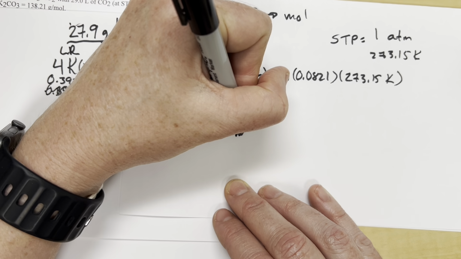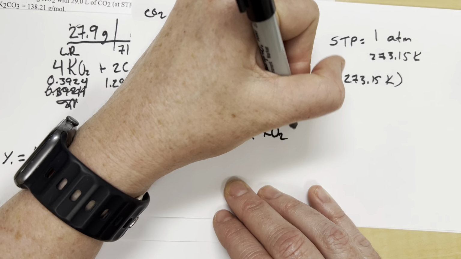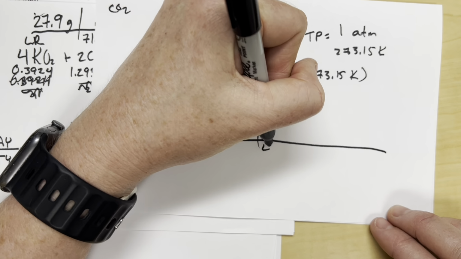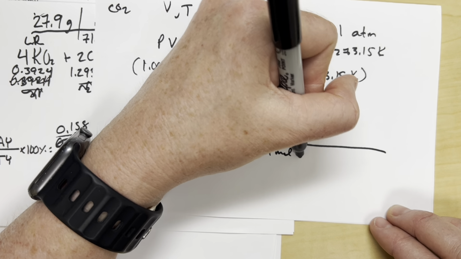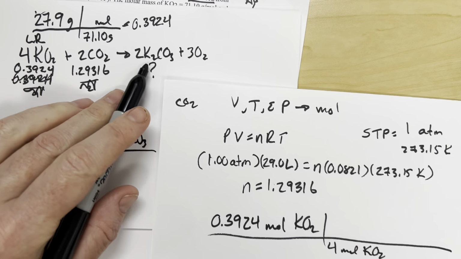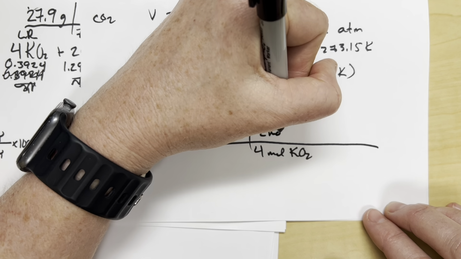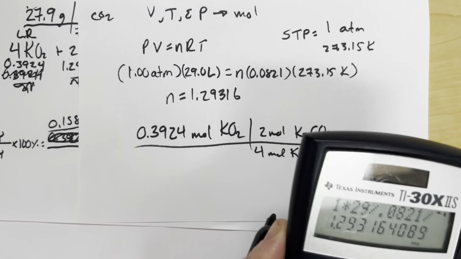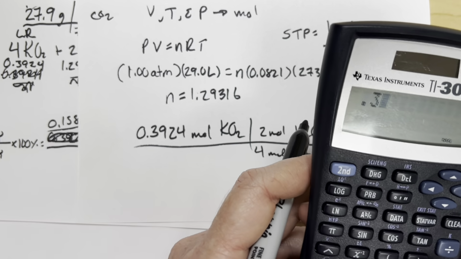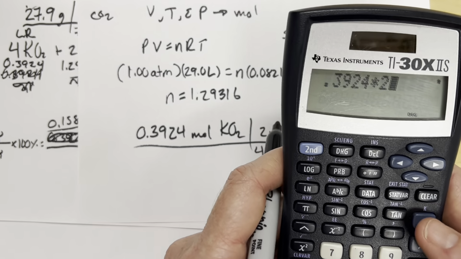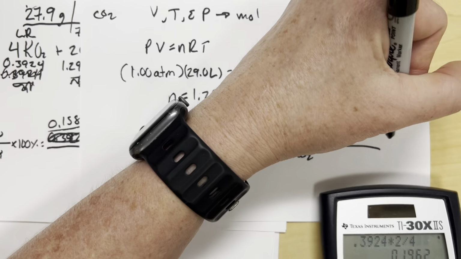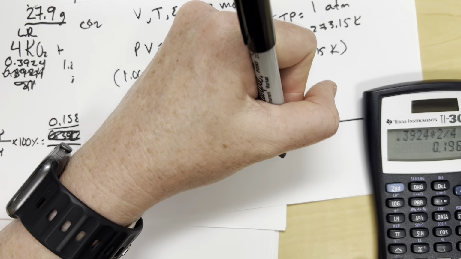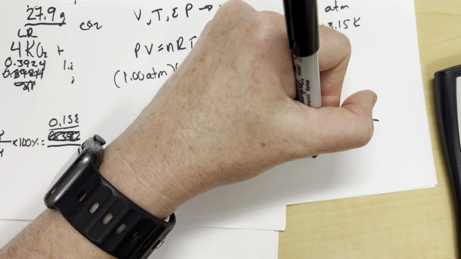So I'm going to start with that. 0.3924 mole of KO2. I know for every 4 mole of KO2, I get 2 mole of the K2CO3. So 0.3924 times 2 divided by 4 gives me 0.1962 mole of K2CO3.